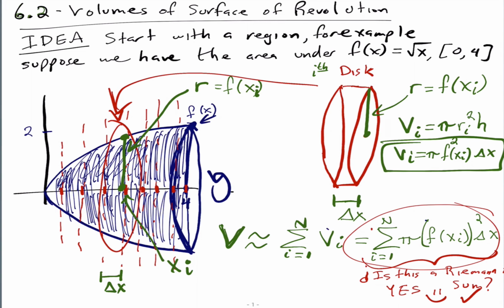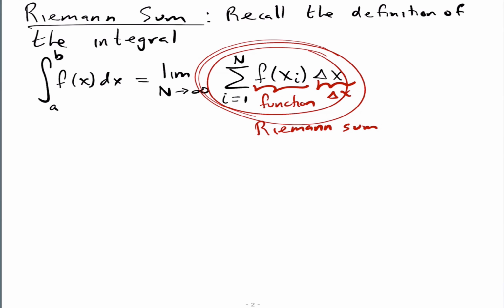Okay, so let's use it. Let's write it down over here. From the previous page, we had the volume is approximately equal to the sum from i equals 1 to n of pi f of x sub i squared delta x.